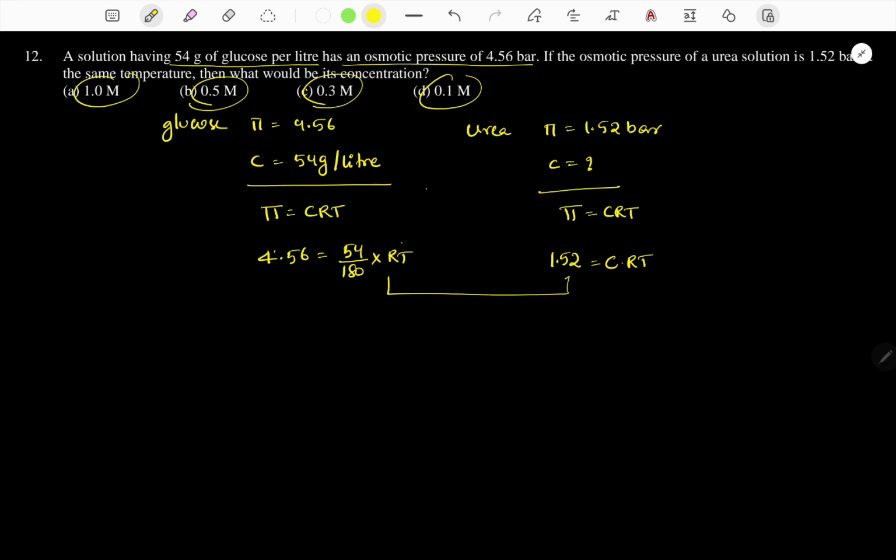By taking the ratio of these two values, we get the concentration, and the concentration is 0.1 molar. Answer A.